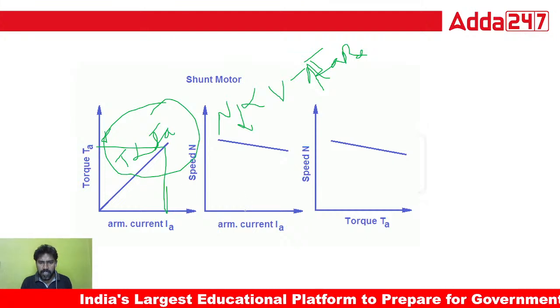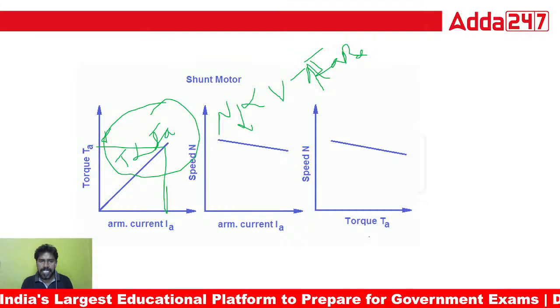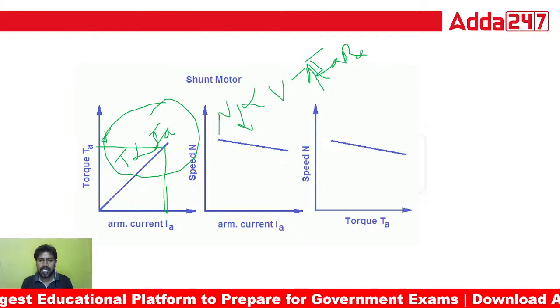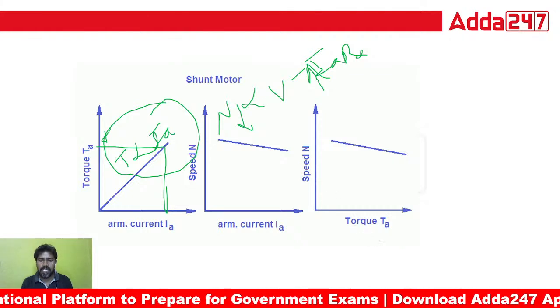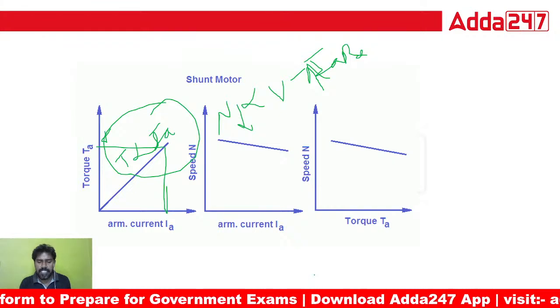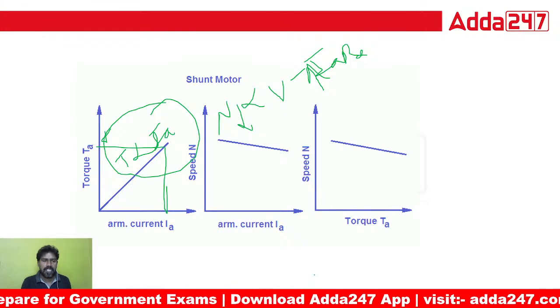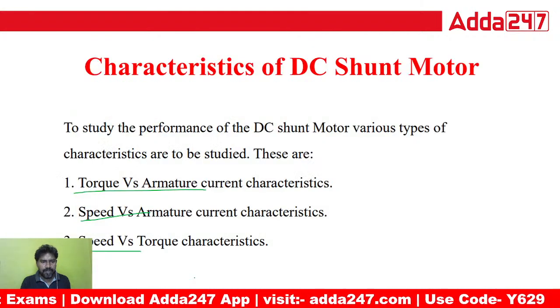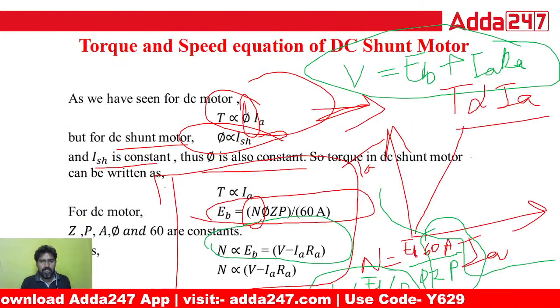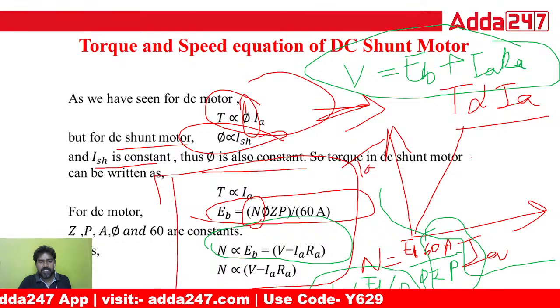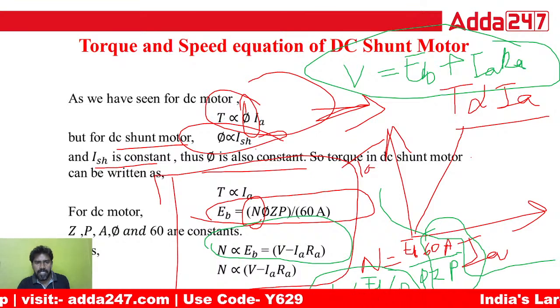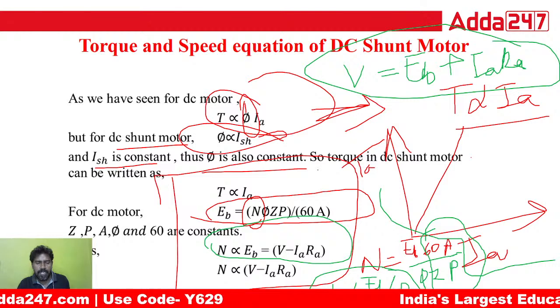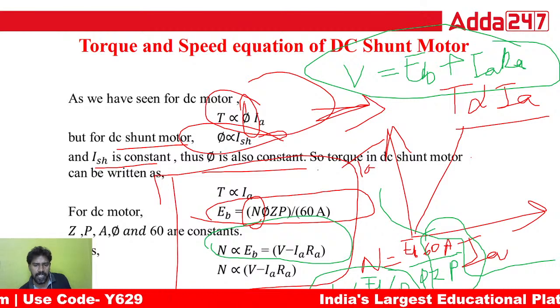Next, coming to the torque-speed characteristics. The relation here is that when torque increases, the speed will decrease. How is that? You can see here this is the torque equation: torque is directly proportional to flux into Ia.